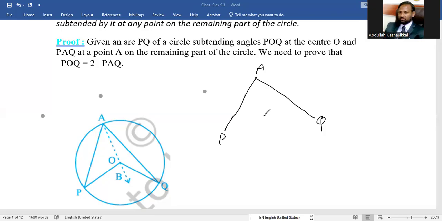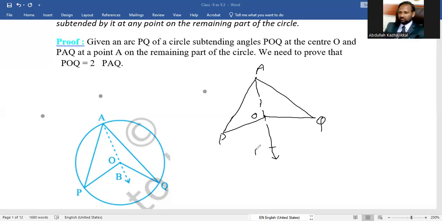Now this is the center of the circle. A line passes through the center. This is a line I am drawing and extending. Now here at the center, from P, you are joining from here also.